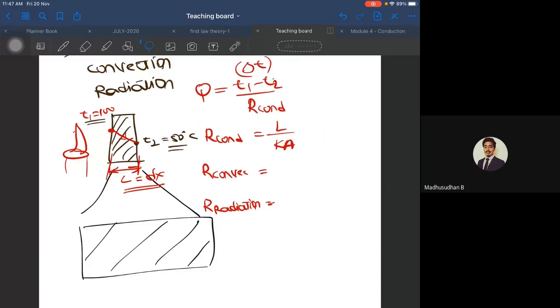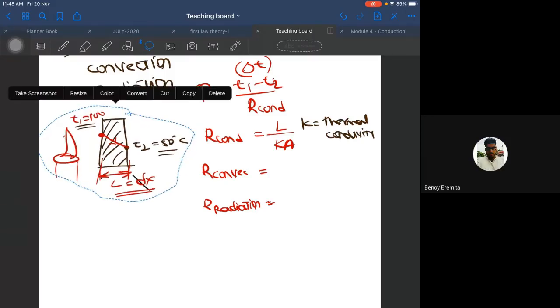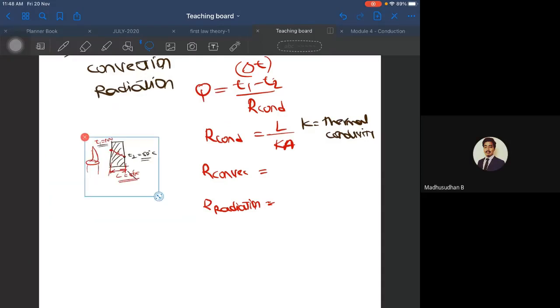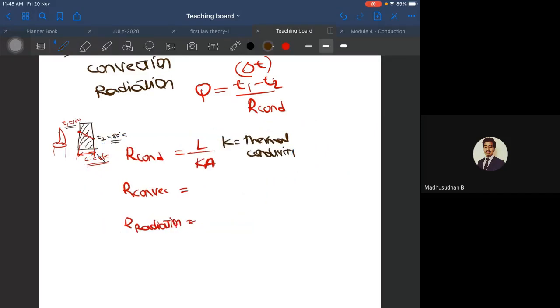The value of k is thermal conductivity. And what are its units? Watt per meter degree Celsius, or Kelvin, so it might be watt per meter Kelvin also.